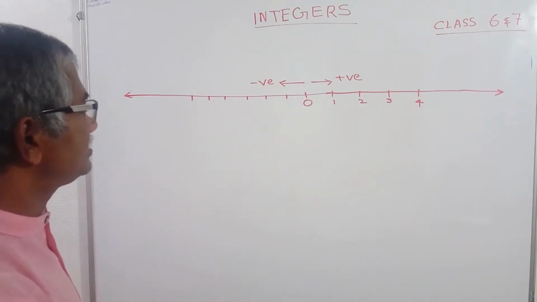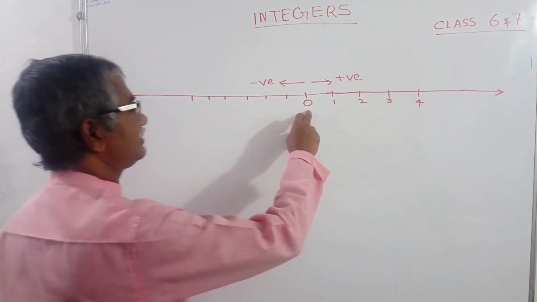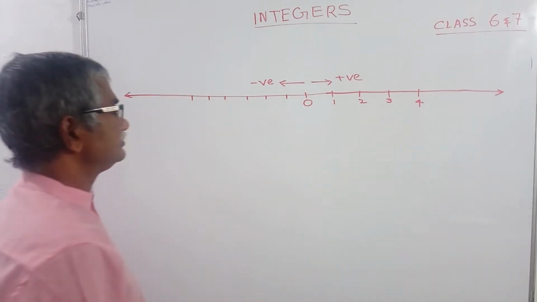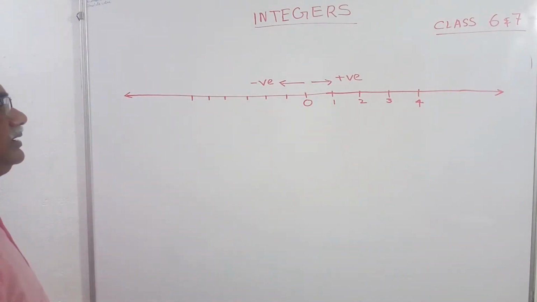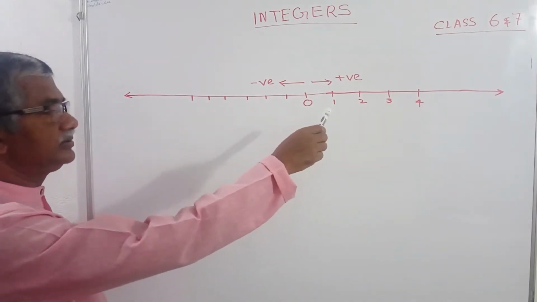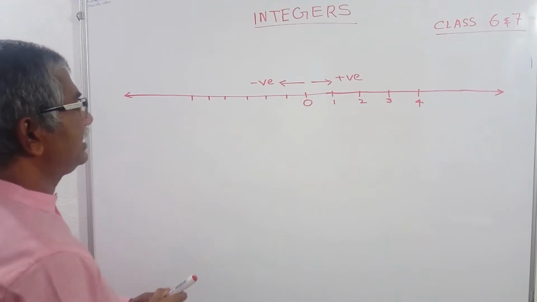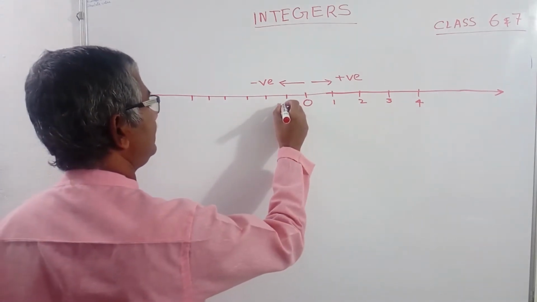On those days, the number line started from 0 to infinity. But now we are thinking of numbers before 0. They are known as negative numbers or negative integers.